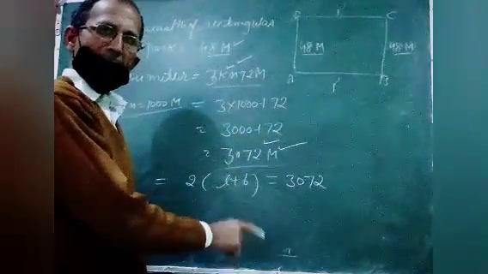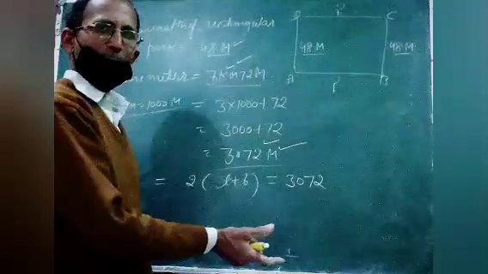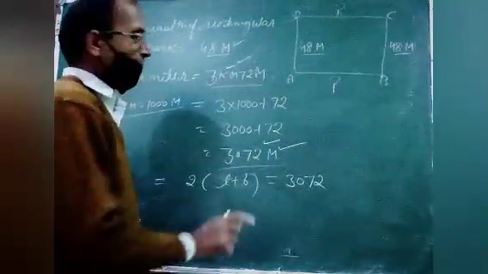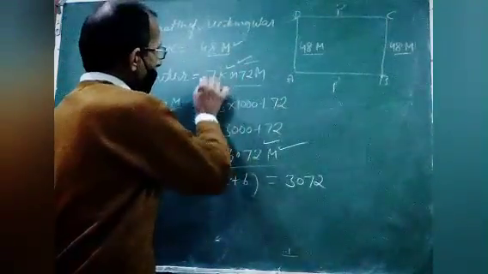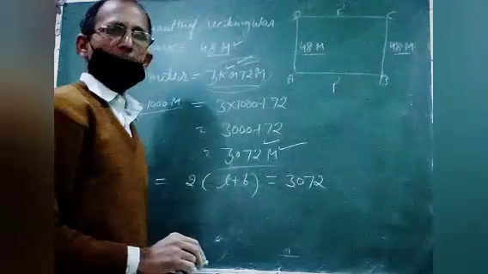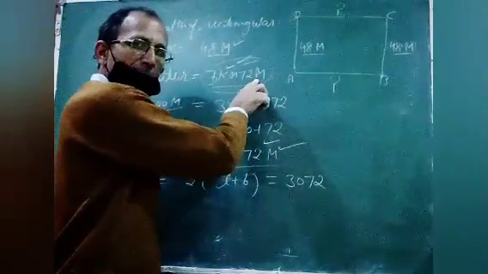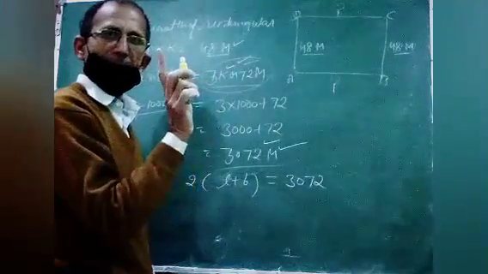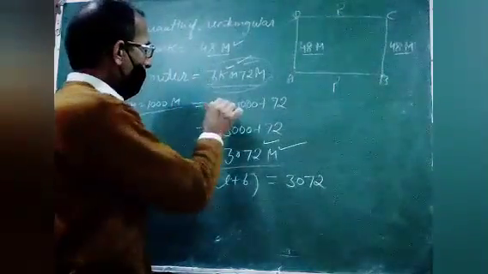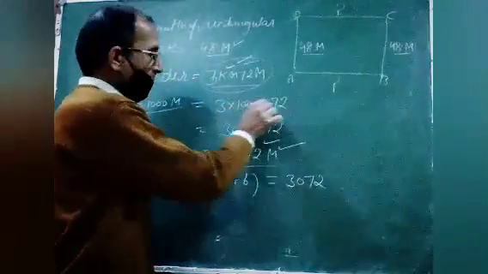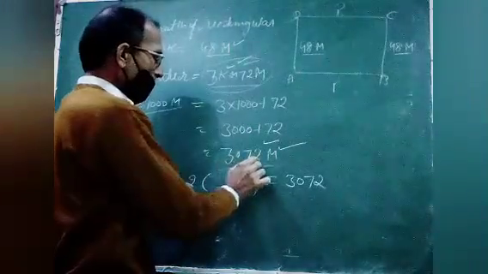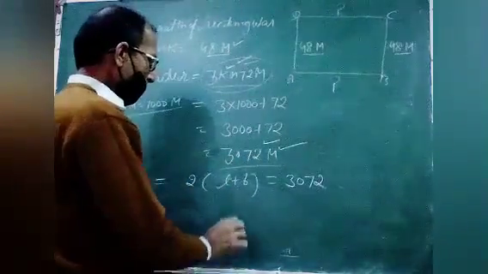Perimeter is given, breadth is given. So what we have to find? We have to find length. So first convert this perimeter in the form of meter. 3 kilometer 72 meter. So 1 kilometer has 1000 meter. Now 3 kilometer means 3000 meter plus 72 meter. So it will be 3072 meter.